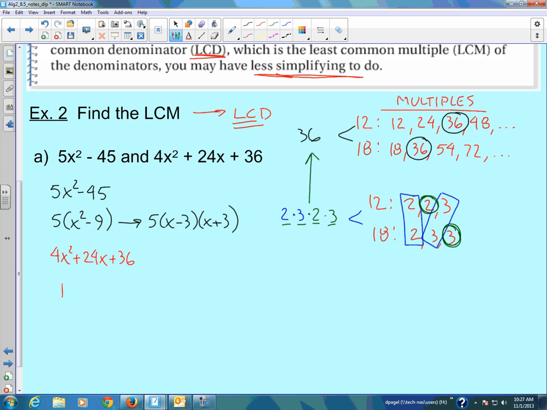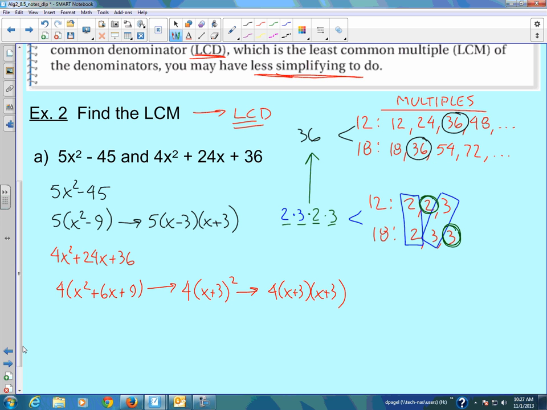Well, we know I can pull out a GCF of 4, get an x squared plus 6x plus 9. But that factors down into a 4 and an x plus 3 quantity squared, which I'm going to write as 4 times the binomial x plus 3 and x plus 3.